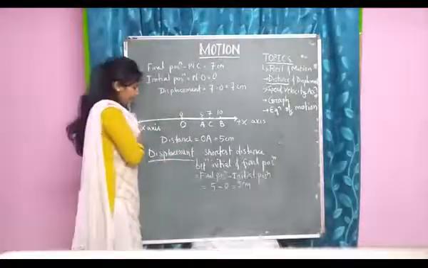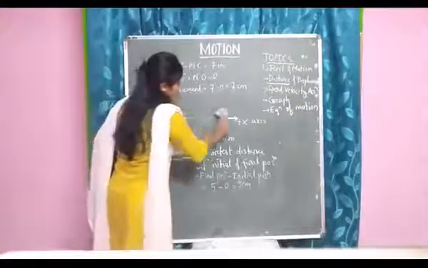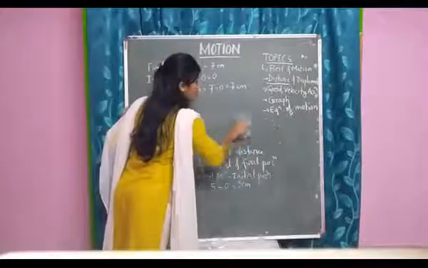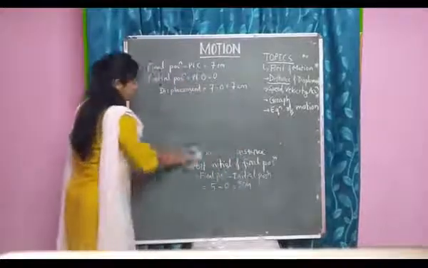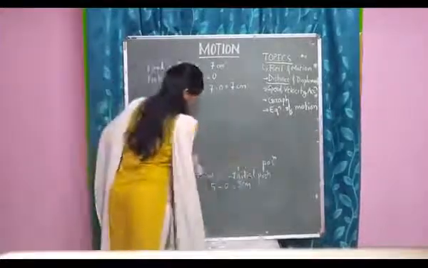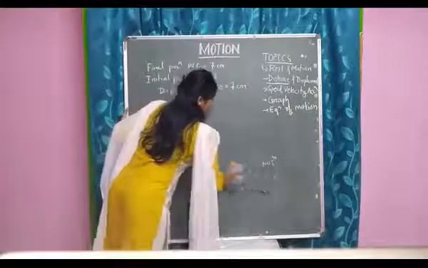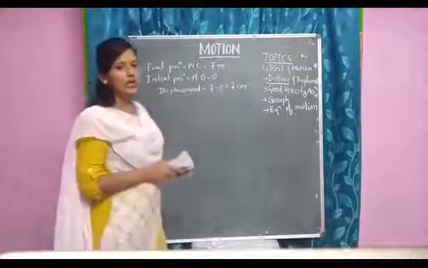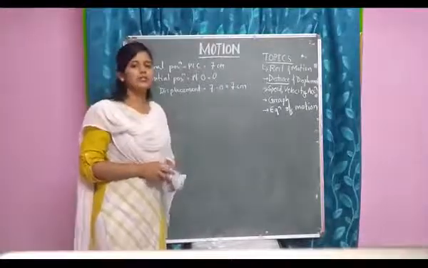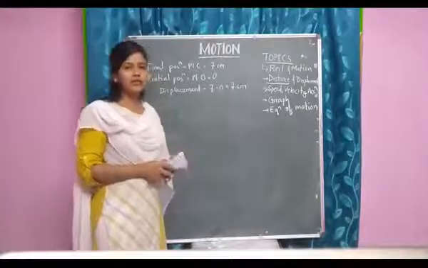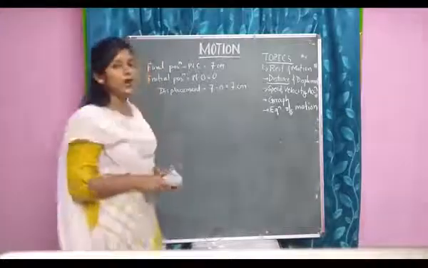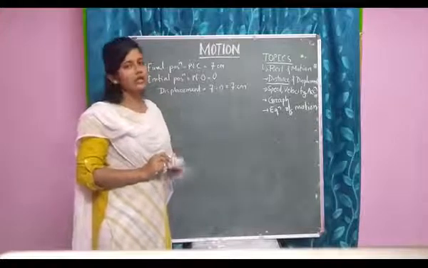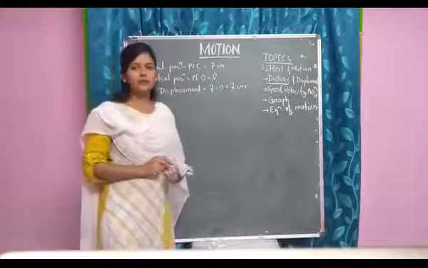In order to define distance, we need not describe the direction, whereas to define displacement, we have to describe the direction. Whenever a physical quantity requires only a numerical value, that is termed a scalar quantity, and if we require a numerical value as well as its direction, then that is termed a vector quantity.